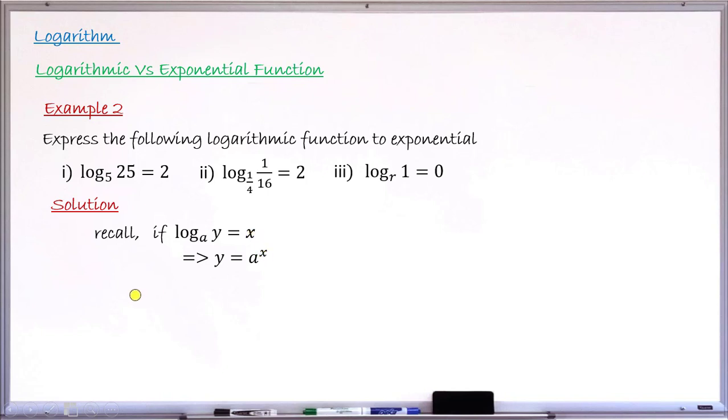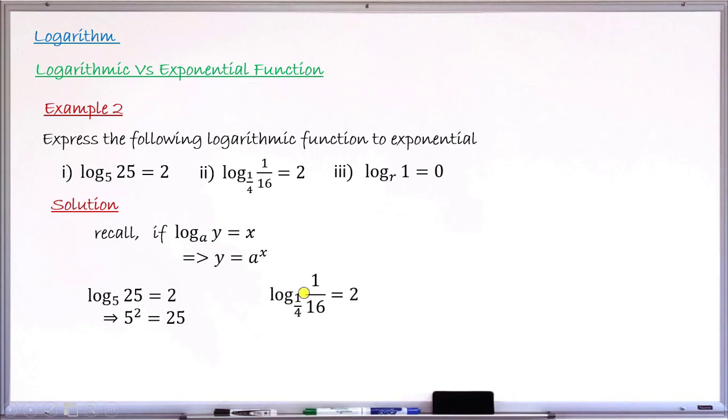So if I start with the very first one, log to base 5 of 25 equals 2. If I write the equivalent in exponential form, I'm now going to have 25 equals this base raised to this power. So I'm going to have 5 raised to the power of 2 equals 25. So let me just move to the next one.